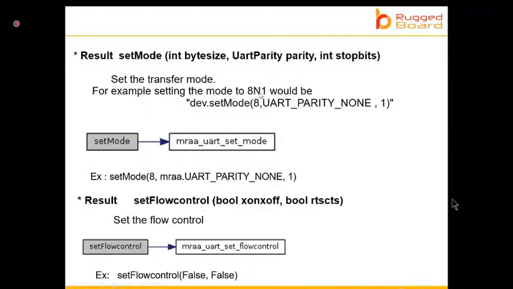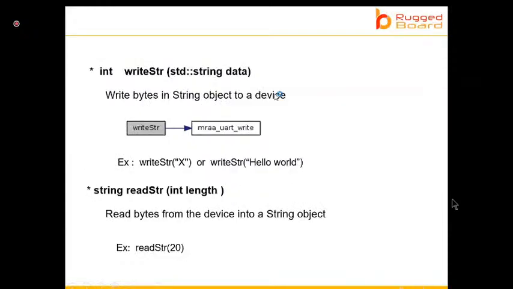So it is 8 and 1: 8 is the data bits, parity is none, and then here you have the stop bit. This is how you do the set mode, UART set mode basically. Similarly, flow control you can control using set flow control.